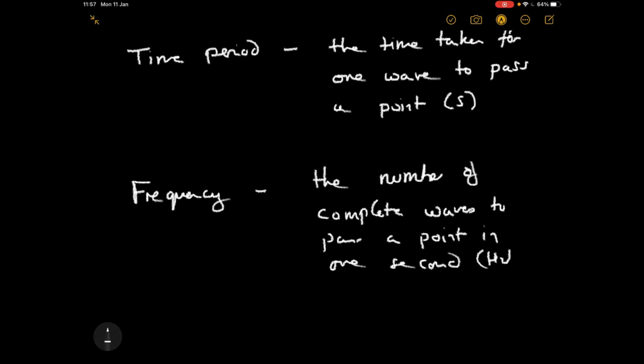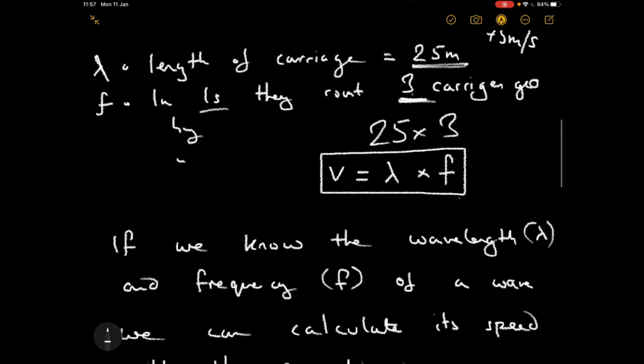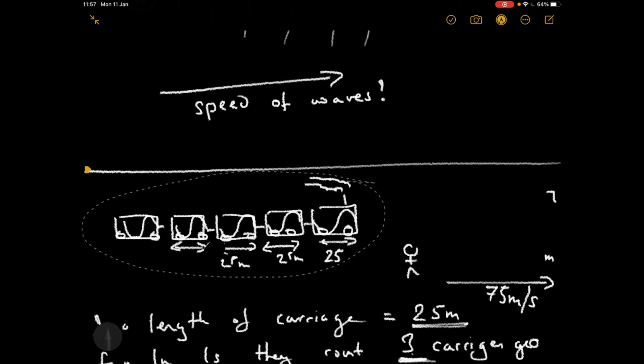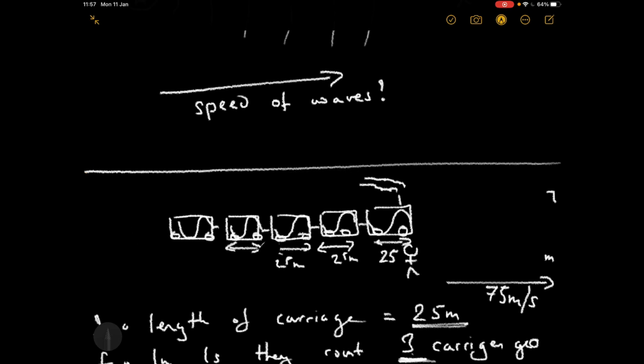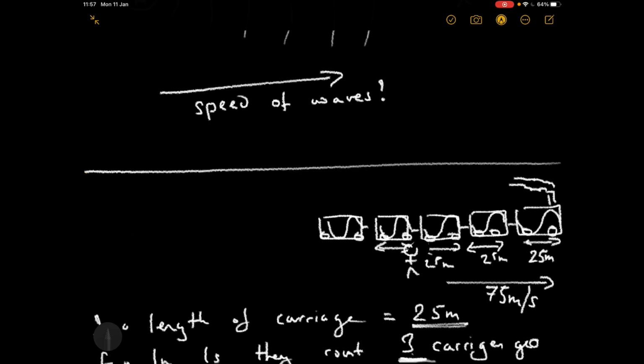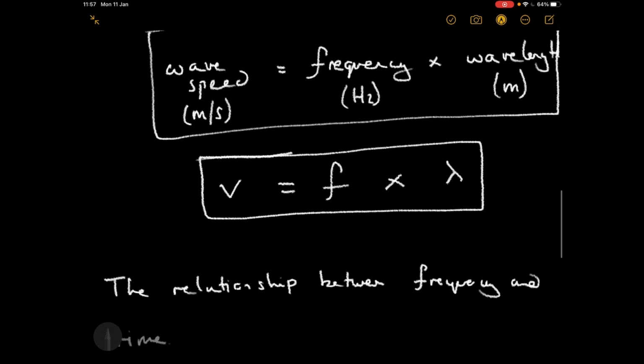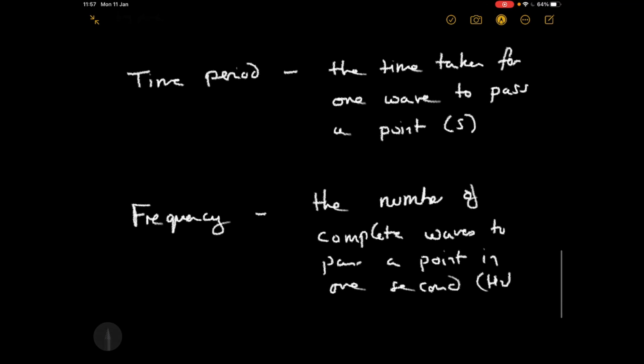So you start your stopwatch, you time it for a second, and you see how many of these waves pass you. After 1 second you stop it and then say, right, how many waves have passed me? Those two measurements are two ways of deriving the same piece of information. They're the reciprocal of each other.